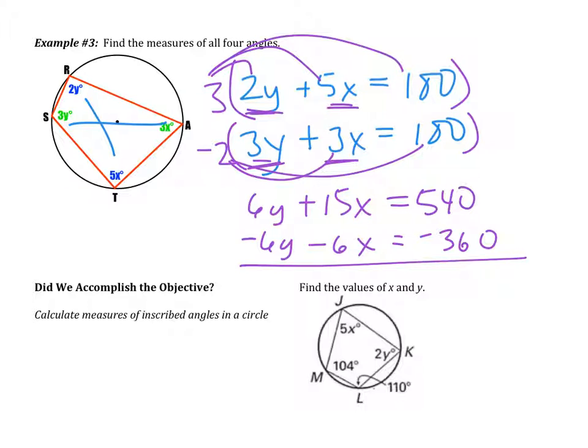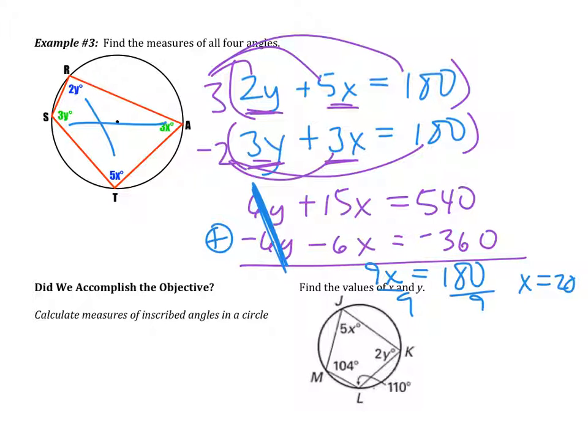Okay? When we go to add these two equations together, the y's cancel out. That's why it's called elimination. And we get 9x is equal to, I believe, 180. What does x equal? Divide by 9, divide by 9. X is equal to 20.